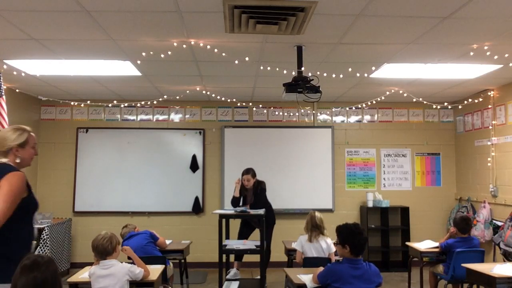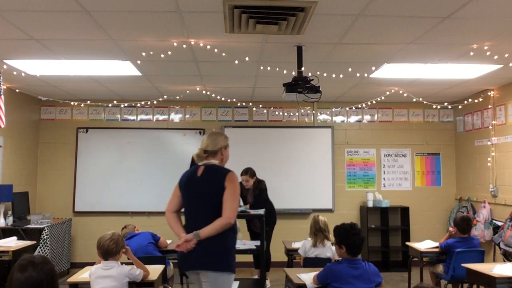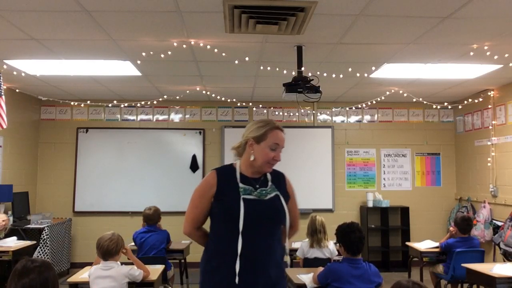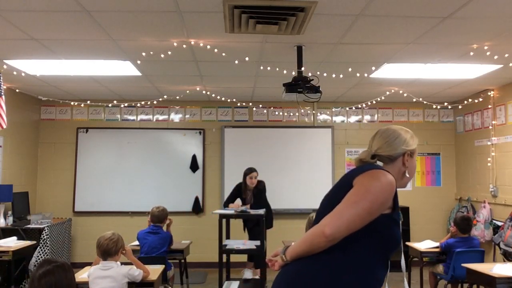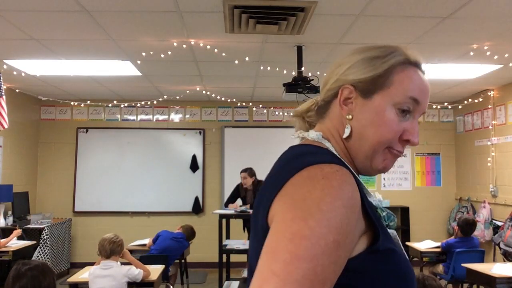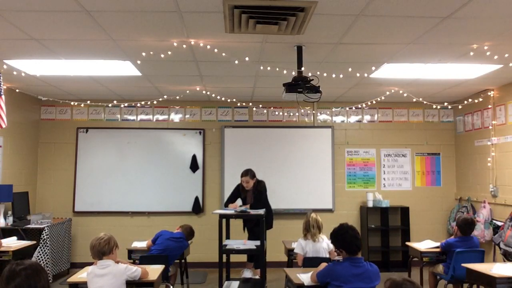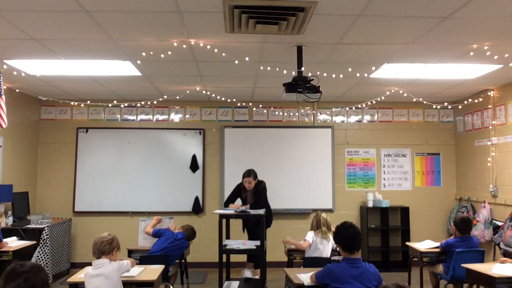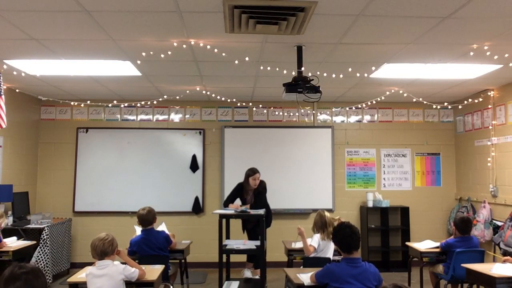Alright, so let's look at the first one. It's 1 blue cube and 5 red cubes. Right? Look in your book. So your equation is 1 plus 5 equals 6. Then the next one gives you 2 blue cubes and 4 red cubes.